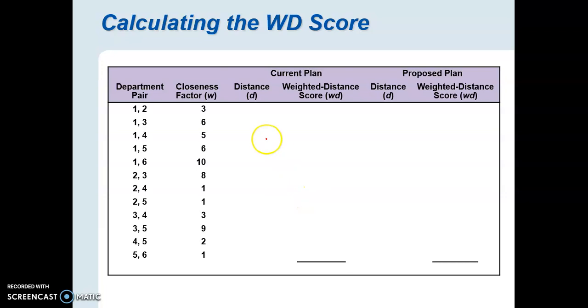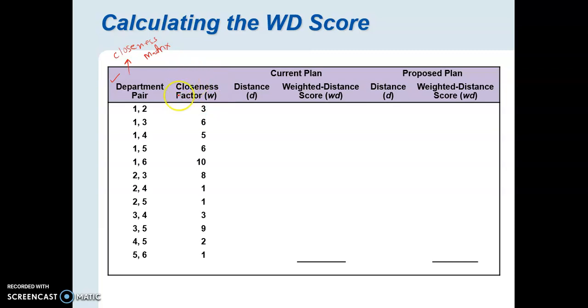For that, you will create a table. In the table, the first column is the department pairs, that is, how many department pairs can be made, which we will see from the closeness matrix table that you will have available.